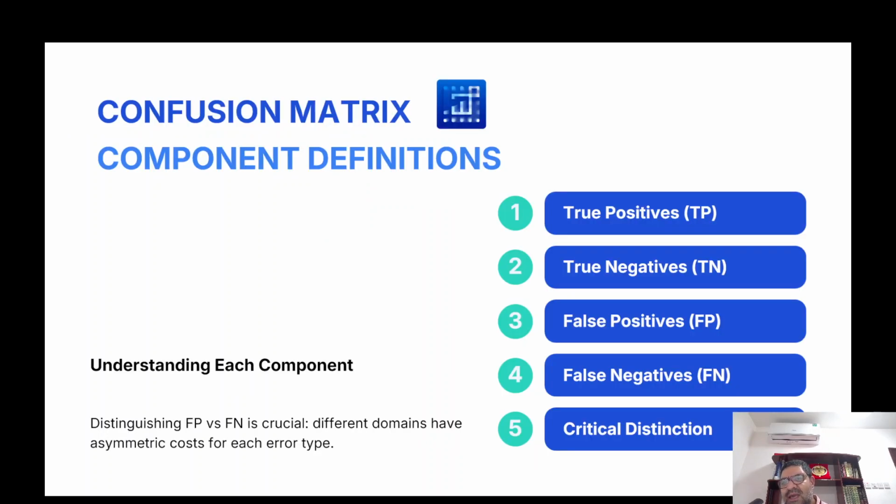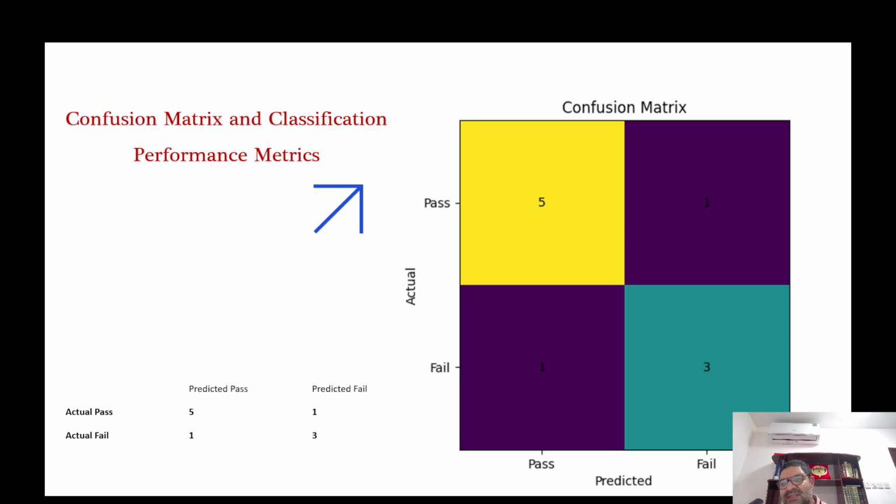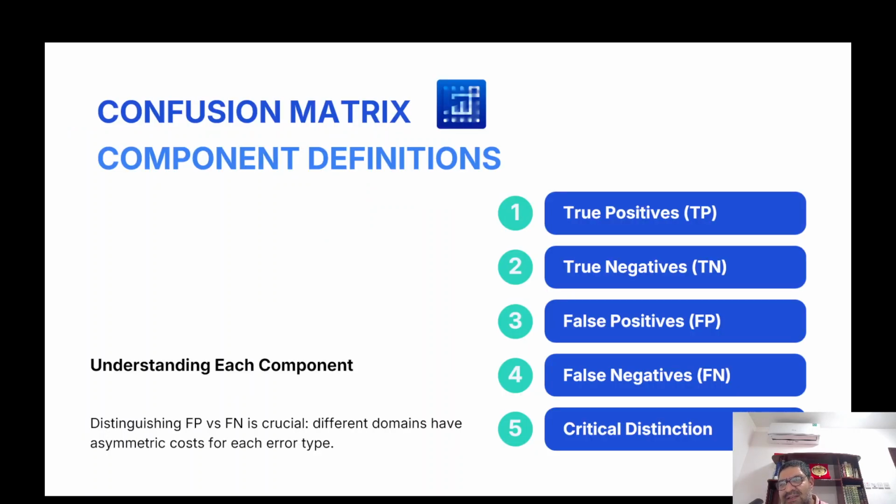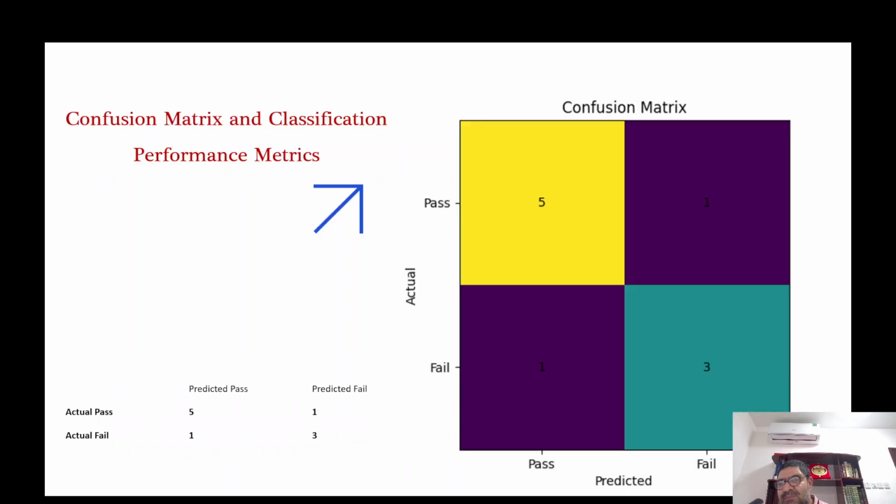I want to take it in a sequence: 5 students, one student, 3 students. So what is the sequence? Let me first make you understand what these terms are. I'm doing it a little prematurely, explaining these here.